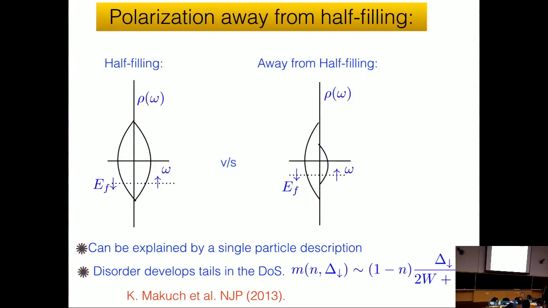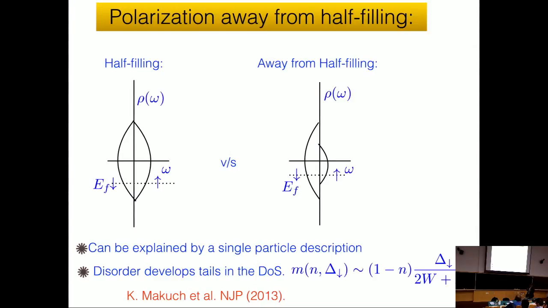Now you start filling up your states. There are enough states here that you first start filling up the downspin guys and then start filling up the upspin guys. This essentially leads to an imbalance, and you get an effective polarization. So this upturn also comes with a polarization where the number of downspins increases with respect to the number of upspins.